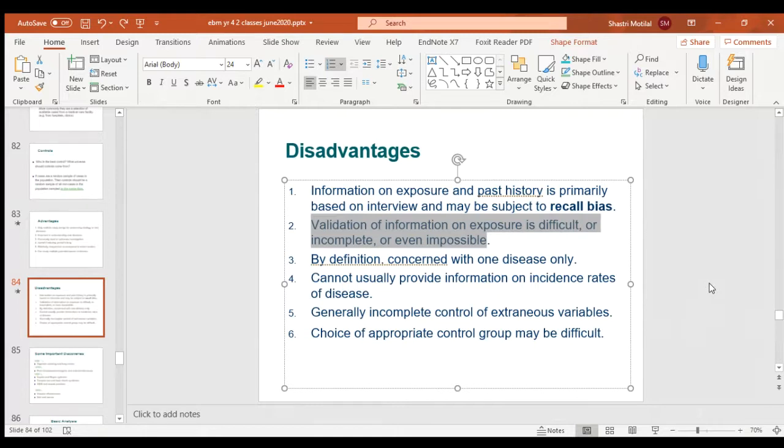So the problem with a case control study is you cannot often measure the risk factor accurately when you try to measure it retrospectively, because the risk factor was in the past. You have to have really good evidence that the risk factor occurred or not.